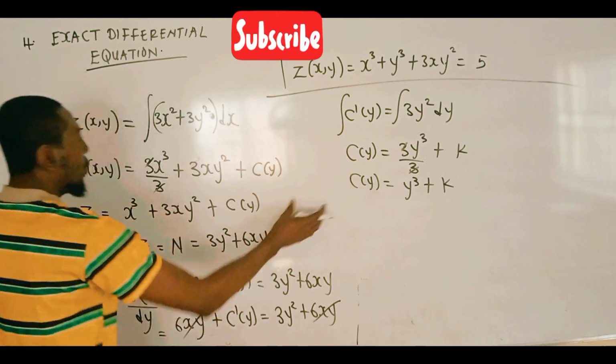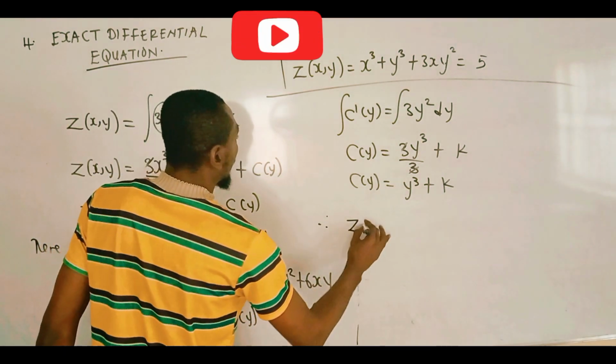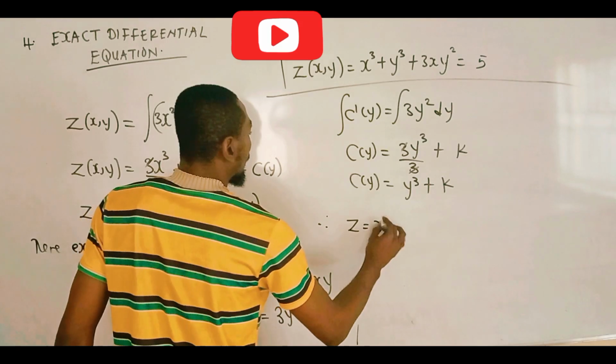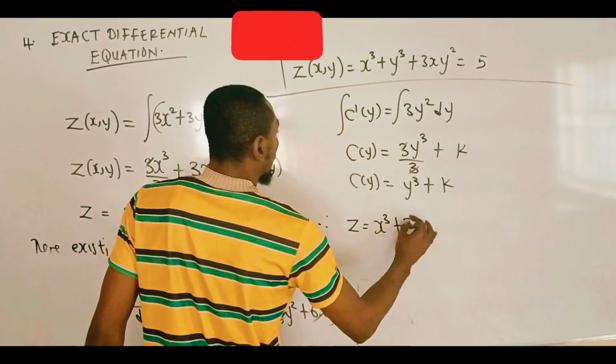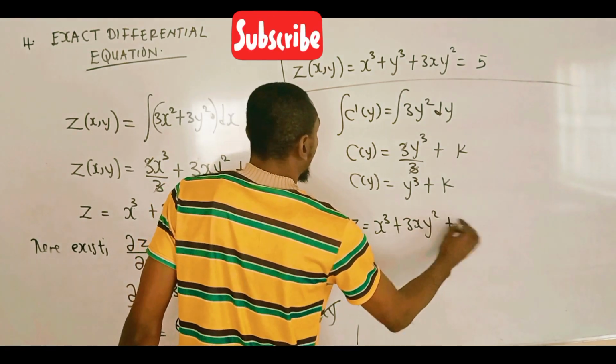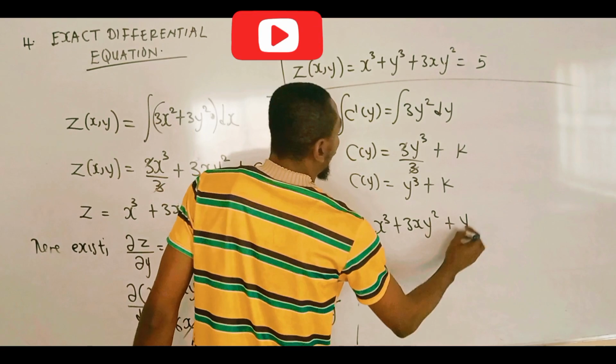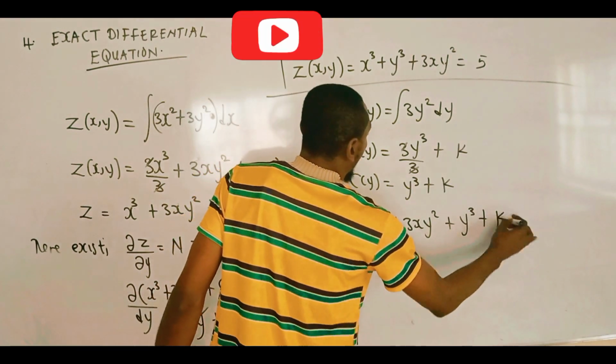Therefore, we can now substitute this c of y into this function. Therefore, our function z is equal to x cubed plus 3xy squared plus c of y. And of course, c of y now is equal to y cubed plus k.